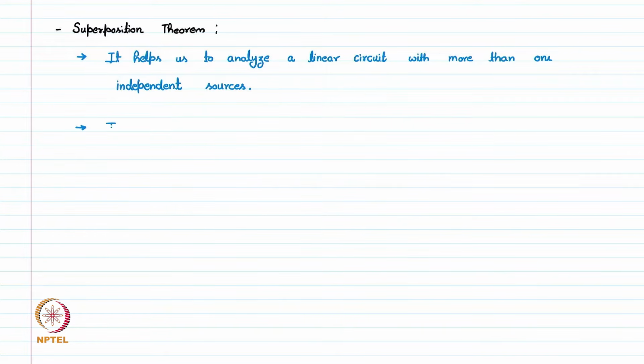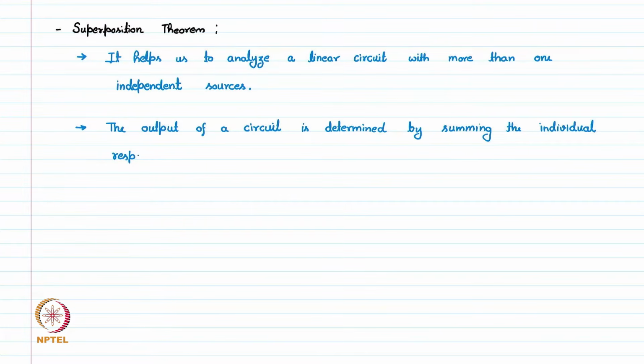The output of a circuit is determined by summing the individual responses of each independent source.